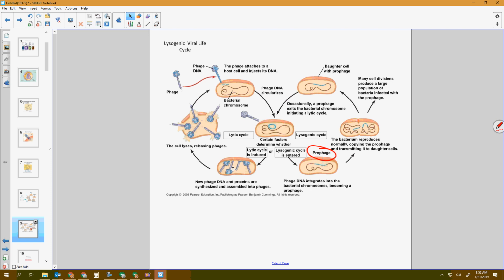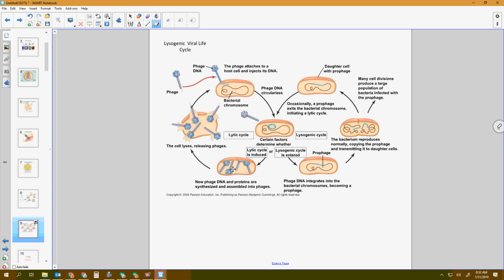Some sort of stimulus can occur, like in the case of humans, when some people have a virus that causes cold sores, or maybe the chickenpox virus. I had chickenpox when I was a kid. That virus is in my cells. Well, stress can cause that virus to rear its head again, and then at that point it's called shingles.